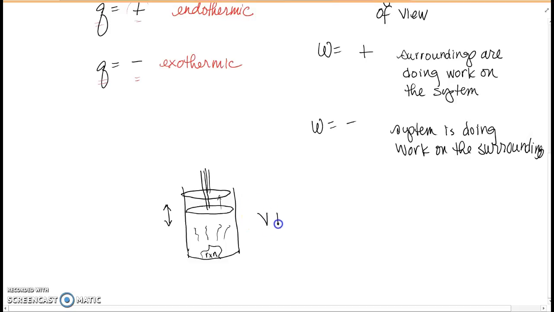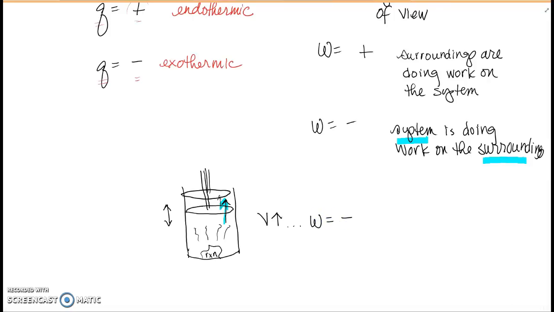Well, the volume of the gas increased, right? So I want you to think, pause the video if you need to: if the volume increases, is work positive or negative? Is the system doing work on the surroundings, or is the surroundings doing work on the system? Well, the system pushed that piston up. And by pushing that piston up, the system is actually doing work on the surroundings, which is the piston. So in this case, work is negative.